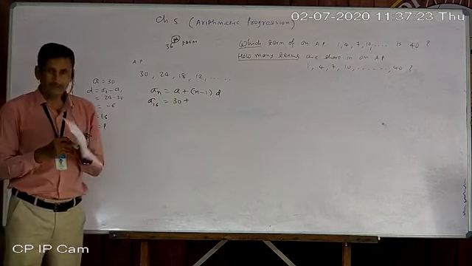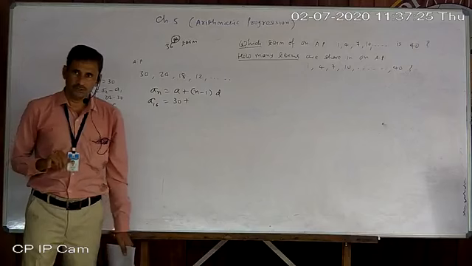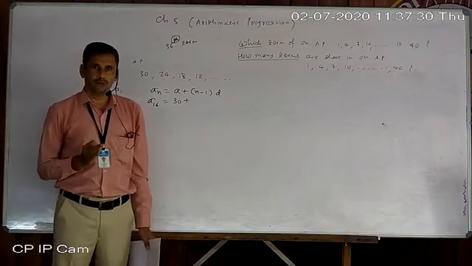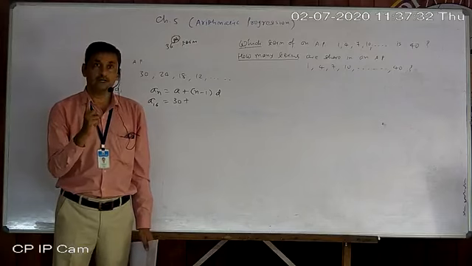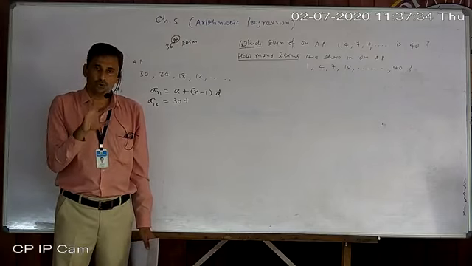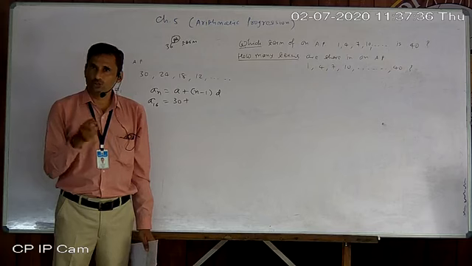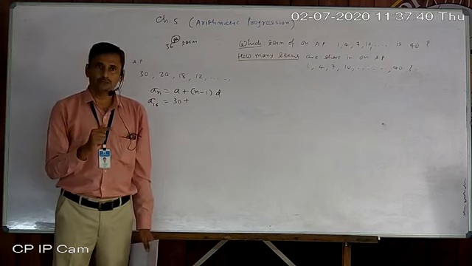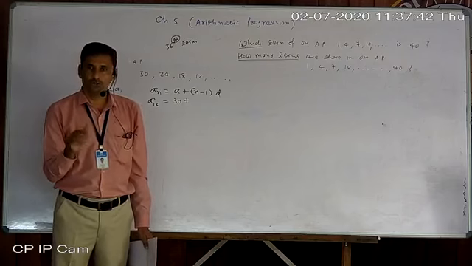There are two types of numbers, cardinal numbers and ordinal numbers. 1 is a cardinal number, first is ordinal. 2 is cardinal, second is ordinal. 3 is cardinal, third is ordinal.